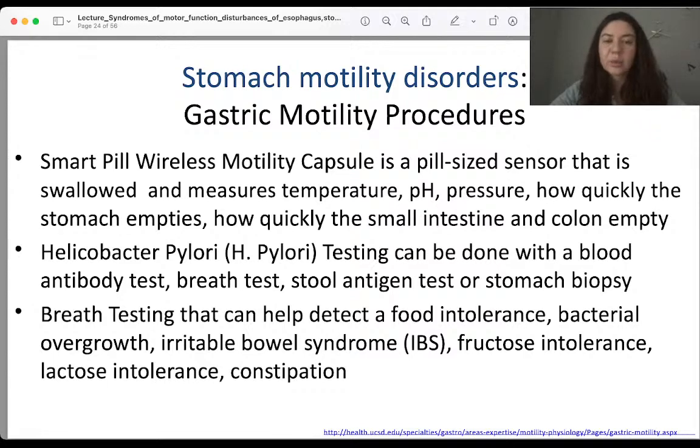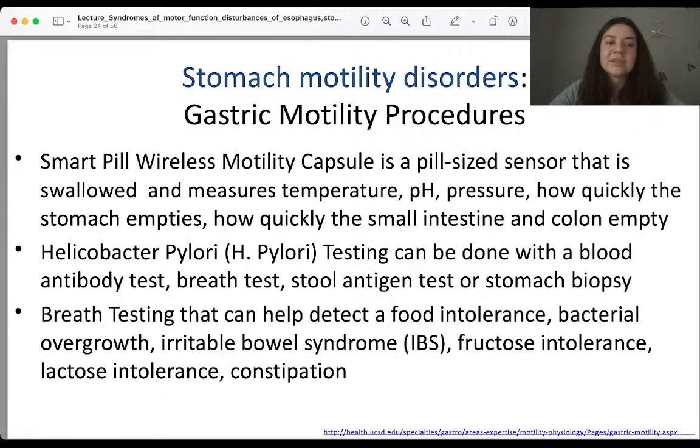Okay, the next way of testing is H. pylori or Helicobacter pylori testing. H. pylori, in practical classes you will discuss more about it. It is one of the important pathophysiological links and etiologies of different GI disorders. That's why testing for Helicobacter pylori is very important in diagnosing patients with GI problems and specifically with stomach disorders.